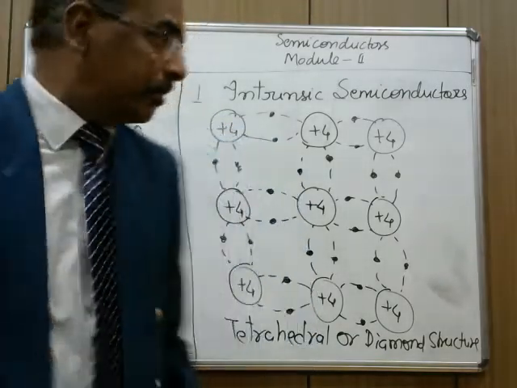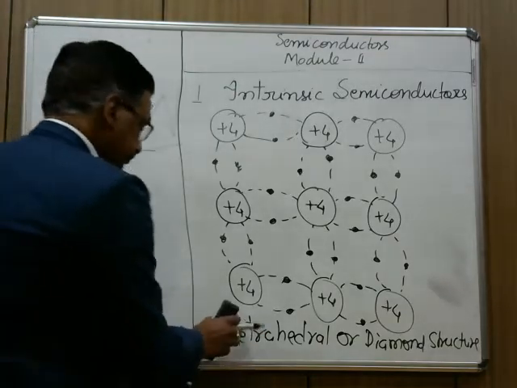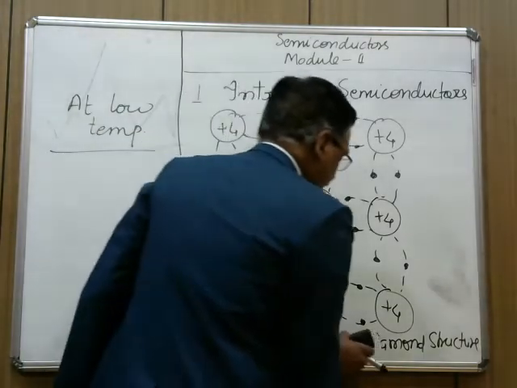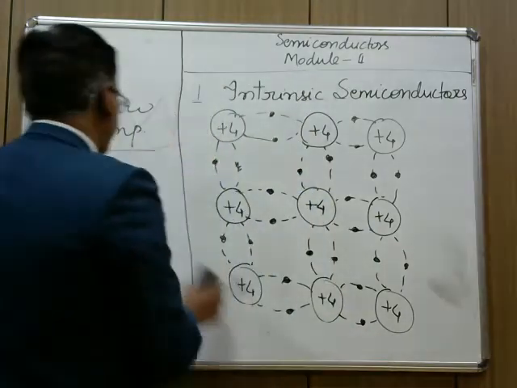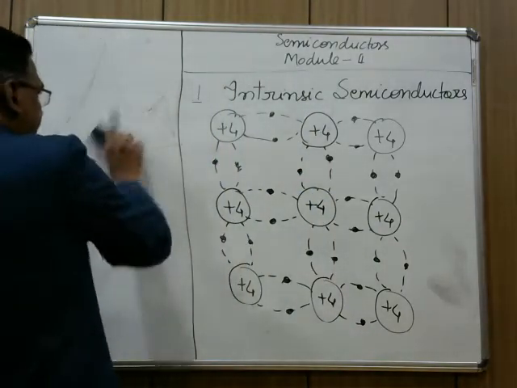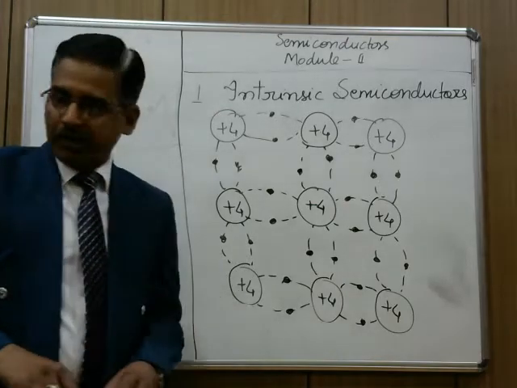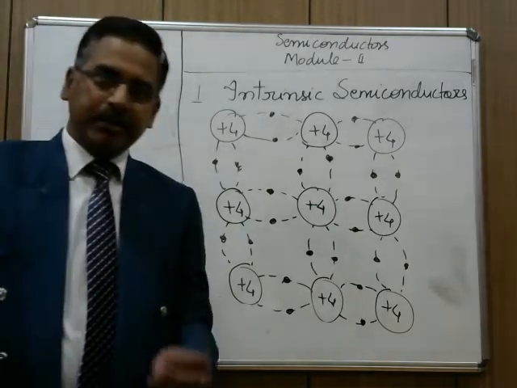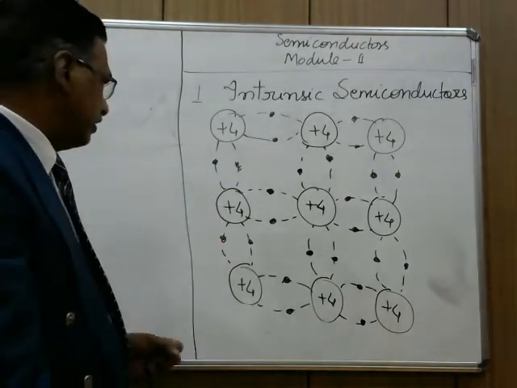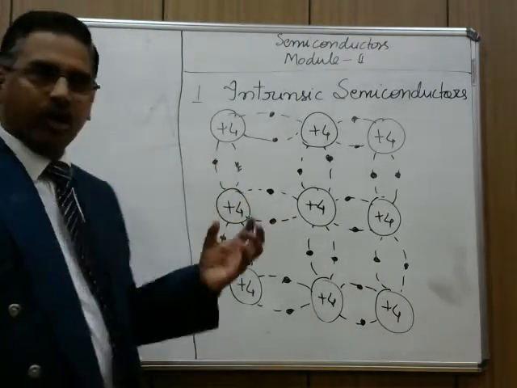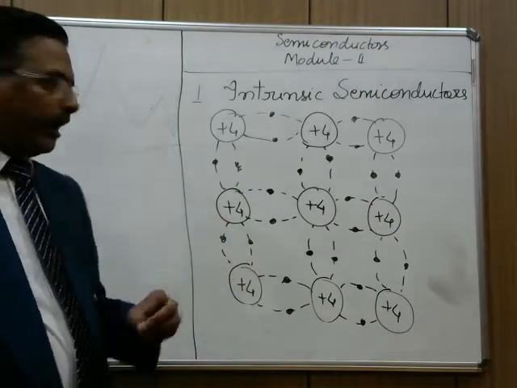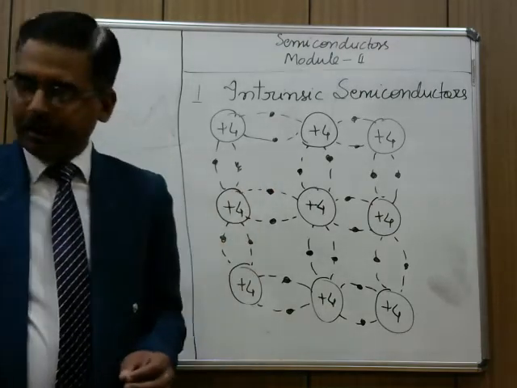What does it mean? Now I am coming to the point, what gives rise to charge carriers and conductivity. At room temperature, what happens? Due to thermal excitation, any of the covalent bonds breaks and a valence electron becomes free.